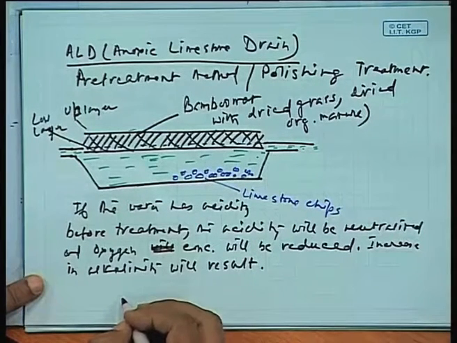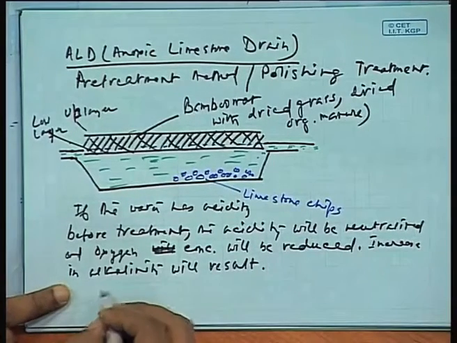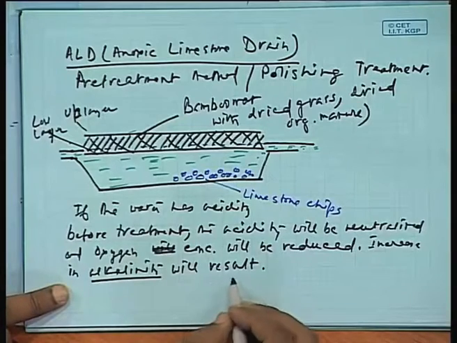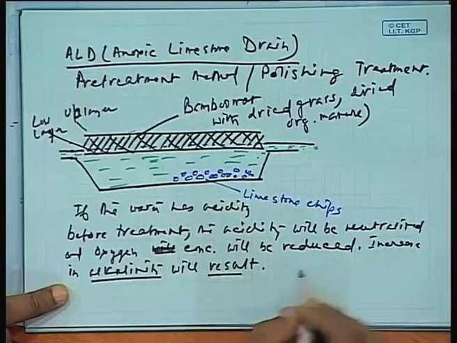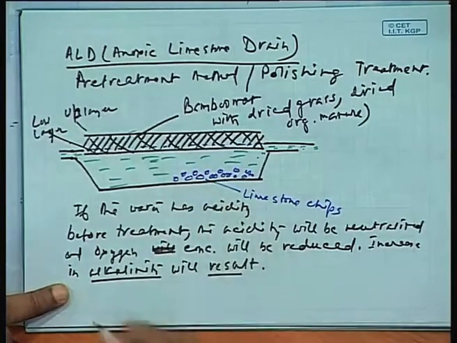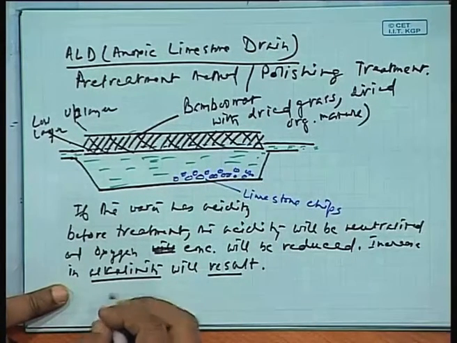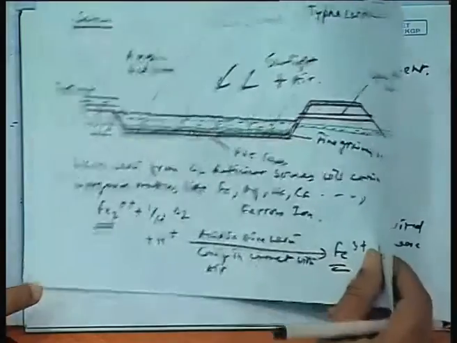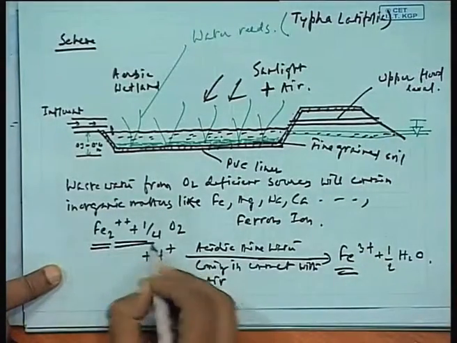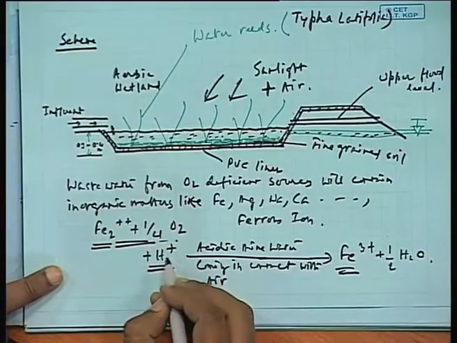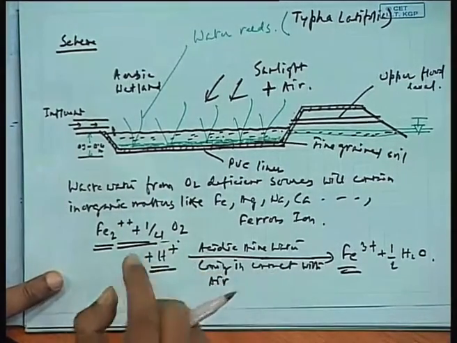So here you can see that the alkalinity would result. And what is happening in the first place, if you remember that reaction I mentioned, this particular reaction would be prevented from happening.